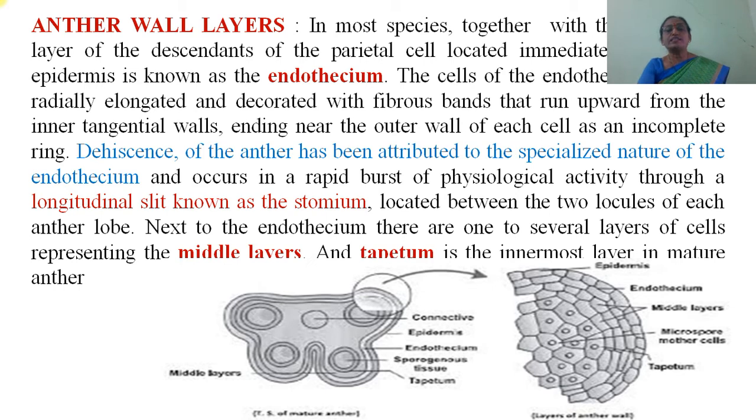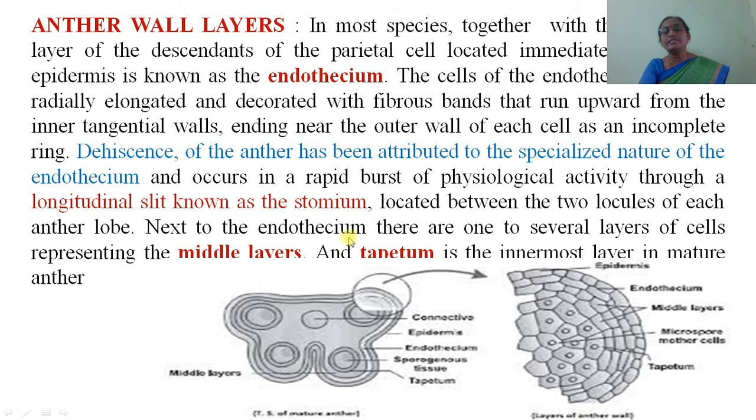Dehiscence of the anther has been attributed to the specialized nature of the endothecium and occurs in a rapid burst of physiological activity through a longitudinal slit known as the stomium, located between two locules of each anther lobe.